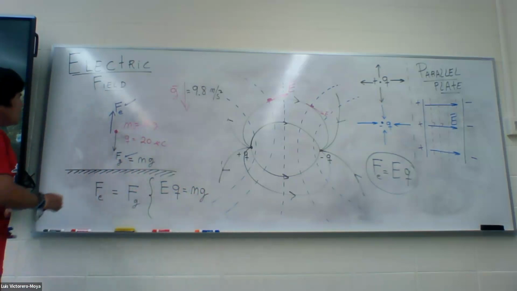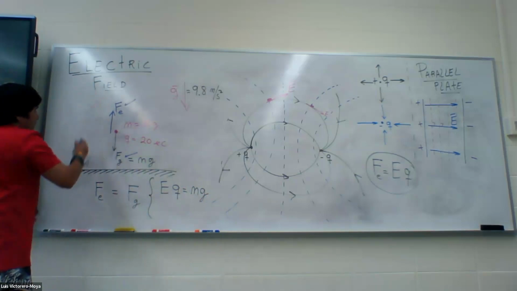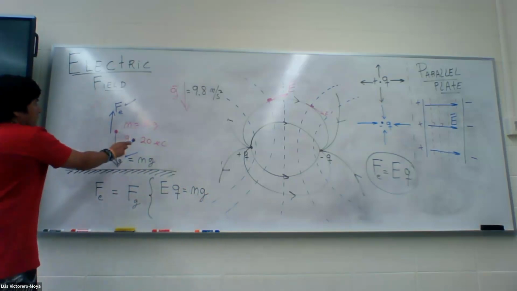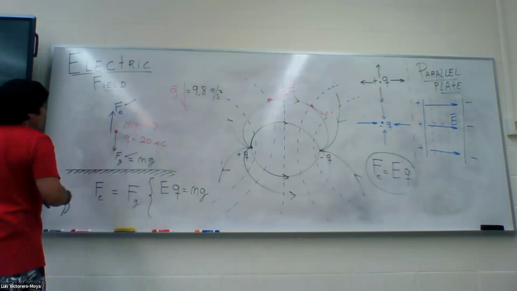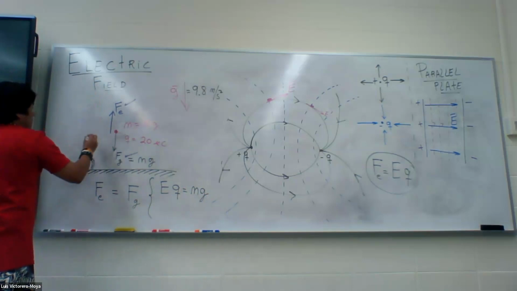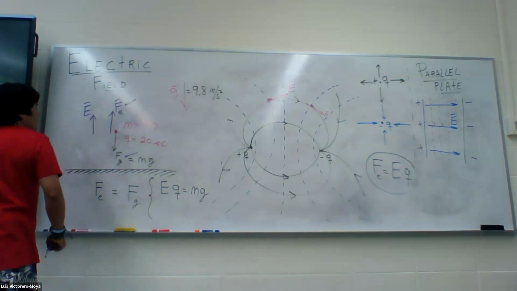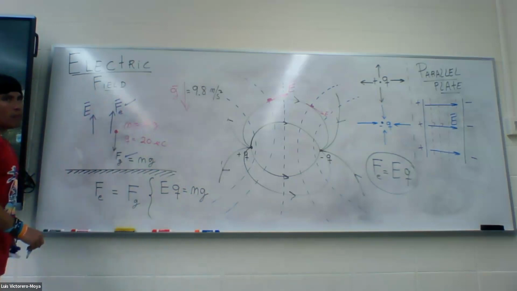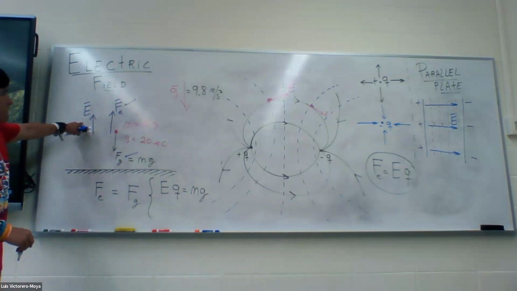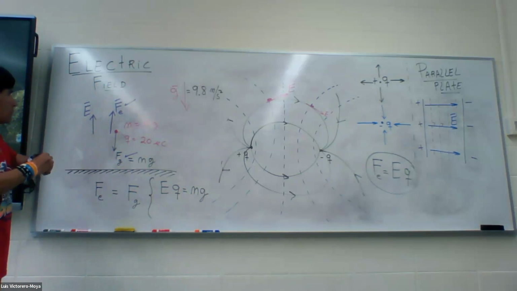Now, if the electric force is going upwards, that means if that's a positive charge, the electric field also has to go upwards. Now I can find the electric field by using that.